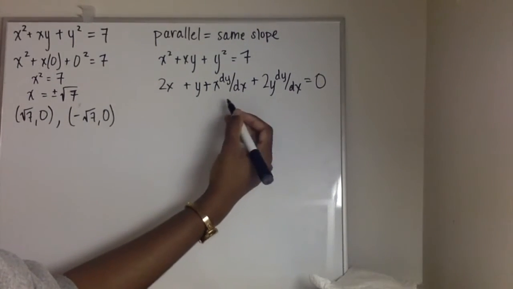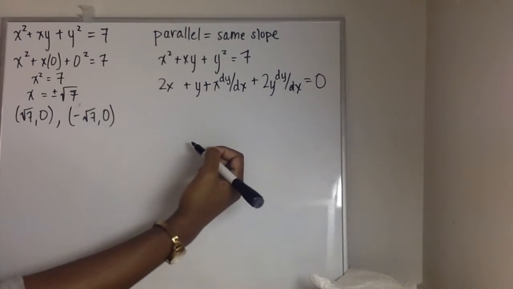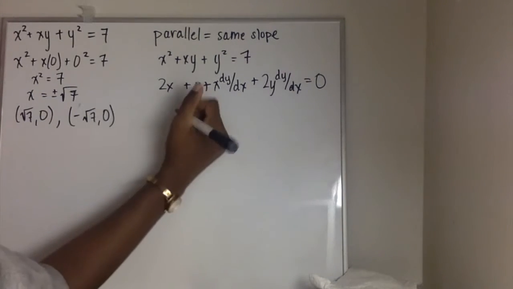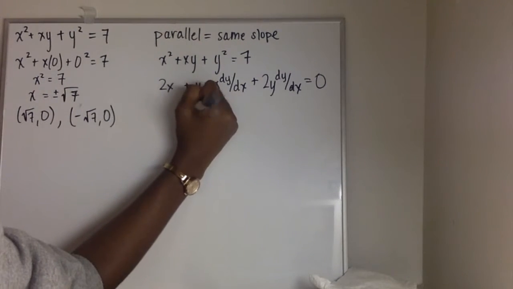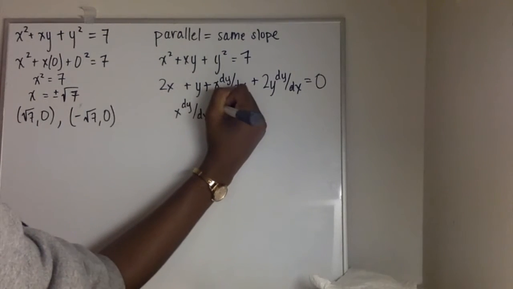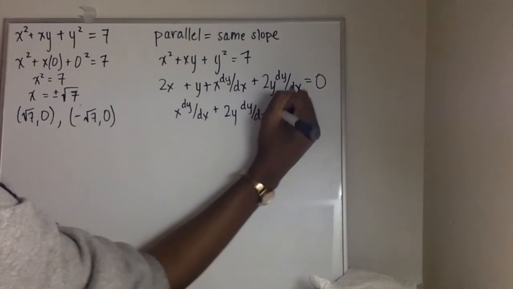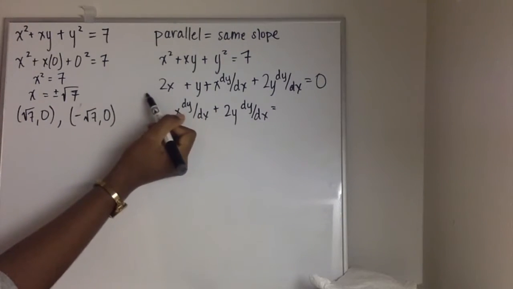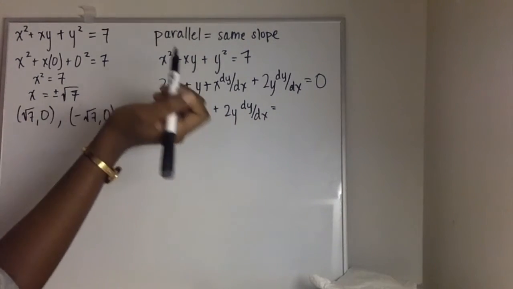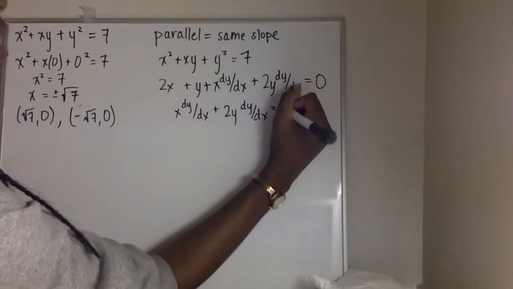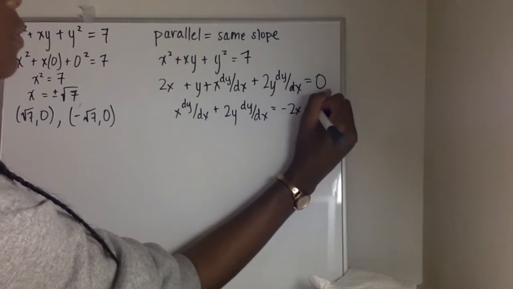So now we must put all the dy over dx terms on one side and all the other terms on the other side. So I'm going to keep the dy's over here, and I'm going to subtract 2x and y, so they both become negative.